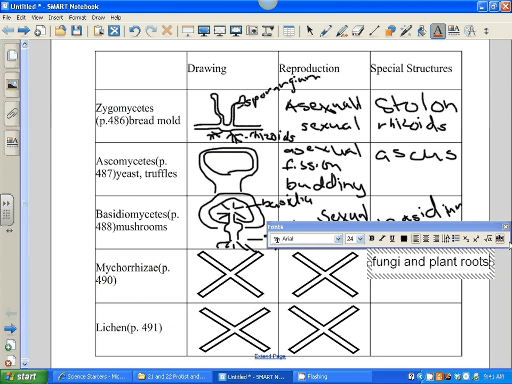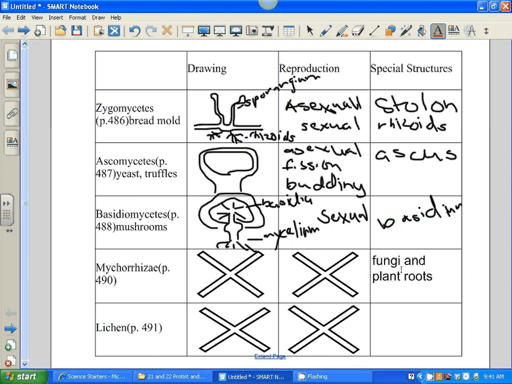The fungi get nutrients from the plant roots, and the plant roots, I believe, get water from the fungi. And so they both benefit each other. It's a mutualistic relationship. And there is a picture of these guys on page 490.